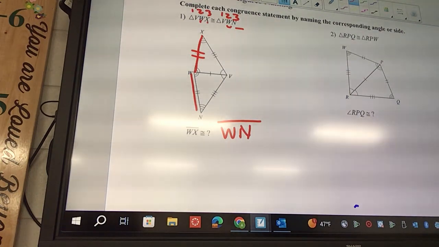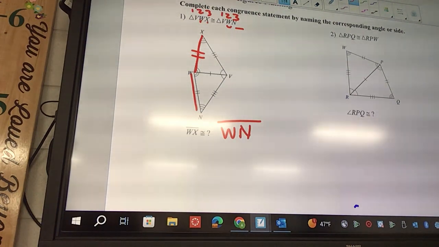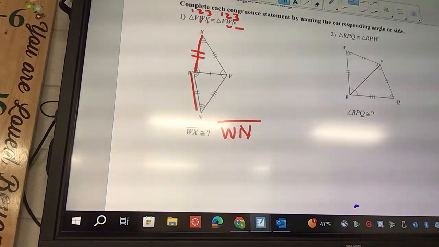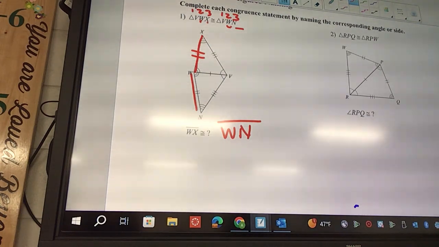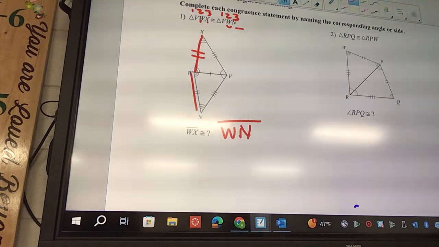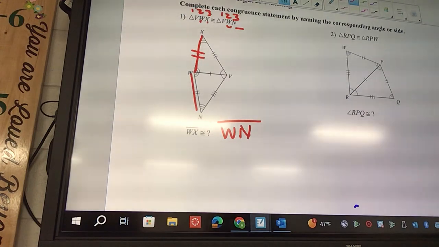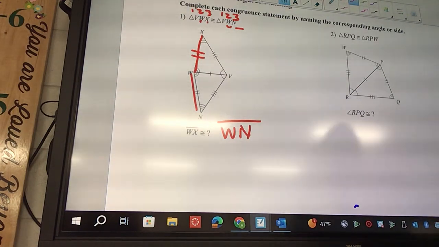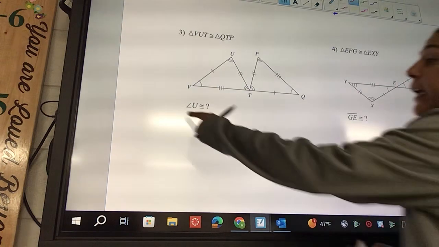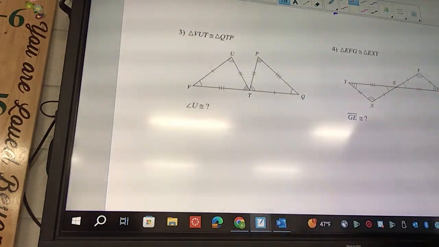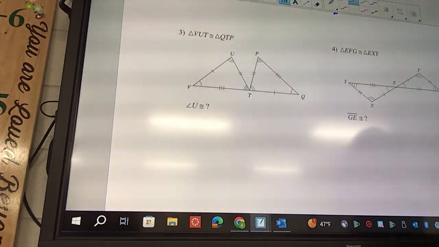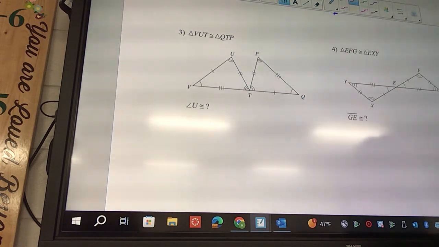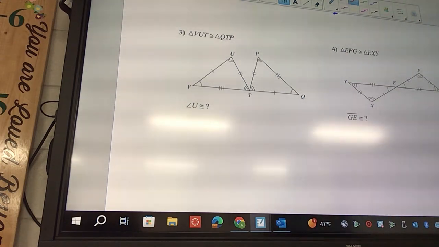Look at number 3. Oh shoot, my bad. Look at number 3. It says angle, not triangle, angle, right here. Angle U is congruent to what? Take a second, find angle U. How many rainbows does it have? 2.